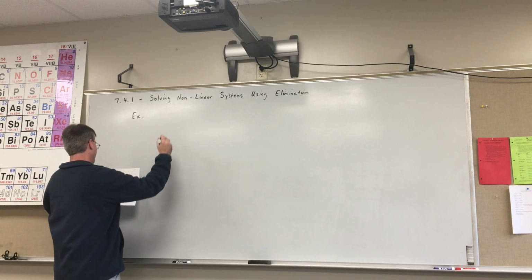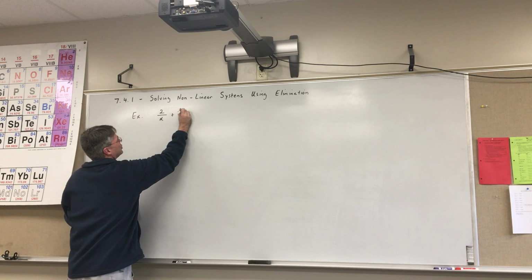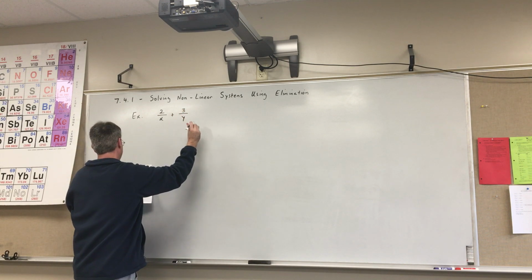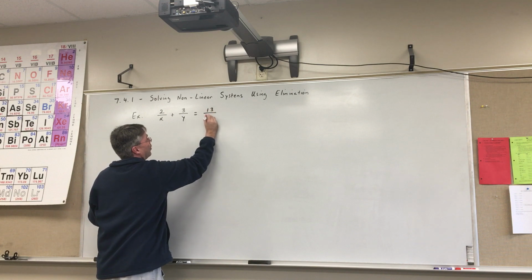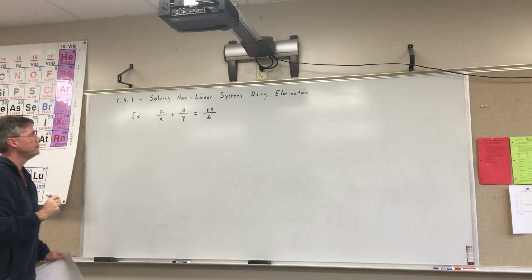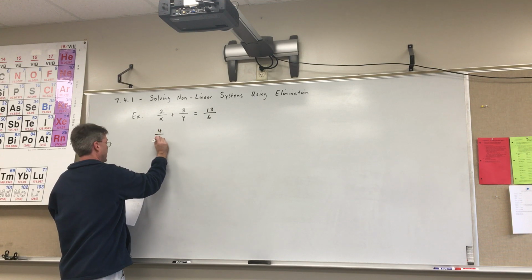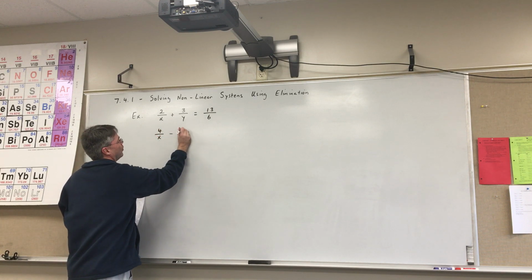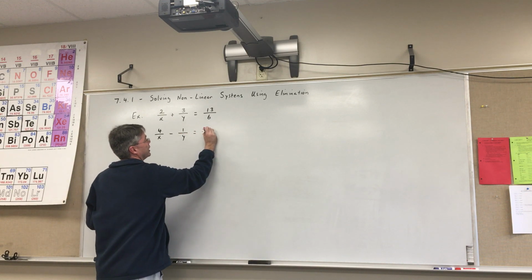Our second example is 2 over x plus 3 over y is equal to 13 over 6. The second equation is 4 over x minus 1 over y is equal to 5 over 6.